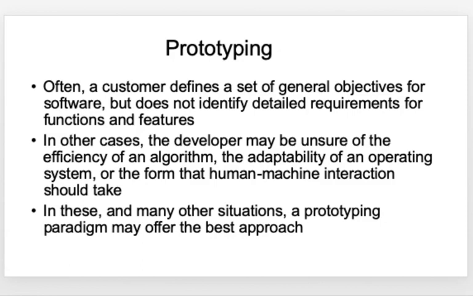In other cases, the developer might be unsure of the efficiency of the algorithm or the adaptability of the OS or the human-machine interaction, and so on. In all of these situations, it is recommended to use the prototyping paradigm.